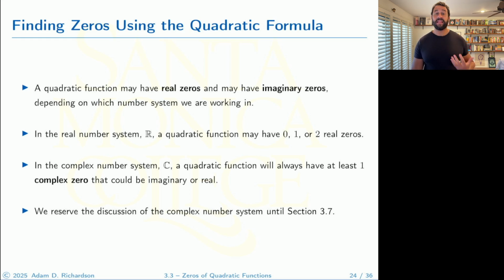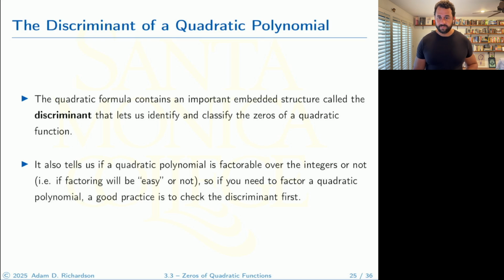So if you're allowing yourself to work or factor over C, you're guaranteed that a quadratic function will have at least one zero every single time. Oh, sorry, this should say 3.6, my bad. So we're going to have a full exploration of the complex numbers in section 3.6. But for now, just know that they are there, they exist, and we'll go into great detail about them in 3.6. Okay.